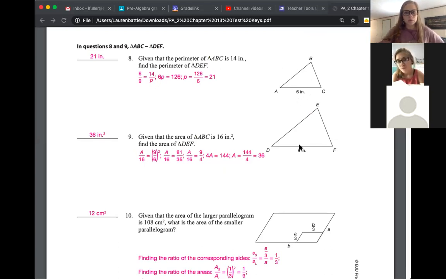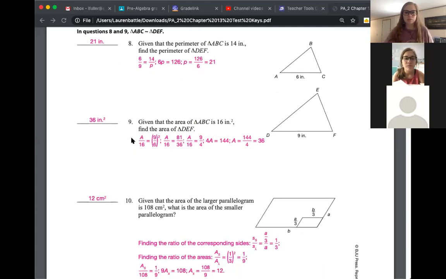So therefore, what would be the perimeter of this one? Remember, if I have corresponding sides 6 to 9, I can set that equal to the triangle's perimeters. So the perimeter of triangle ABC needs to go in the numerator. Therefore, I can solve for the perimeter of the second triangle, which is 21. Make sure you have inches. You need your units.